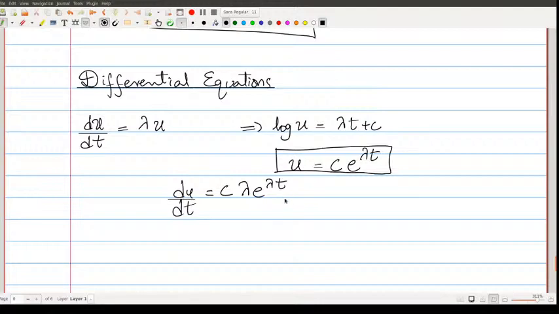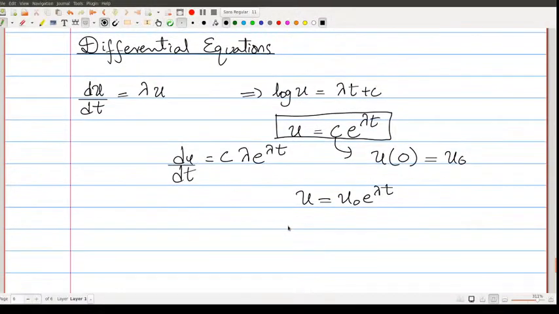Yeah, and c comes from satisfying some initial condition, right? So u0 perhaps. So let's say u at time 0 is given to me by some u0, and we can then rewrite this equation as u equals u0 e to the lambda t, right? Okay.